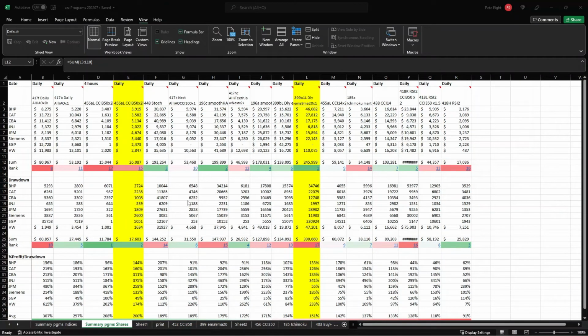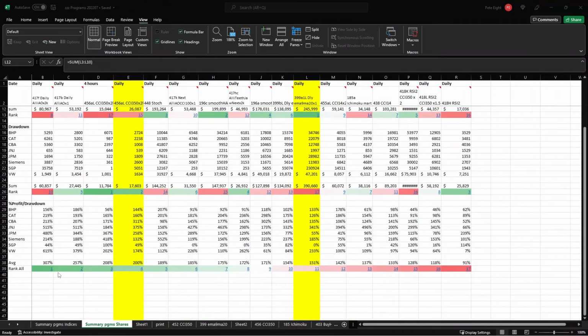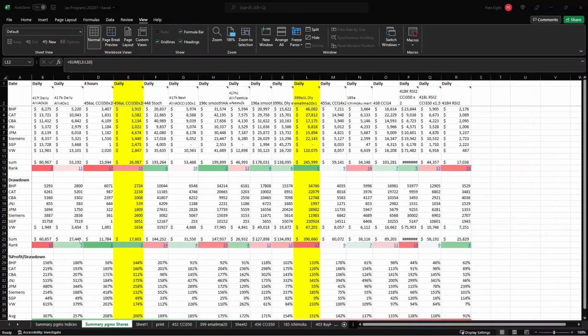So in summary, what we look at is a high profit over drawdown percentage. The higher the percentage, the better. So this alligator strategy scored the highest, but what we want to look for is a relatively high income for those stocks tested and a relatively low drawdown.